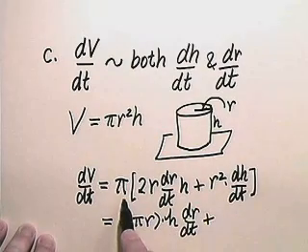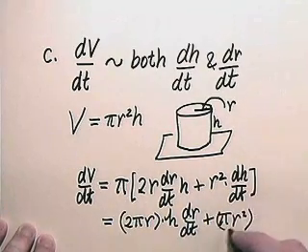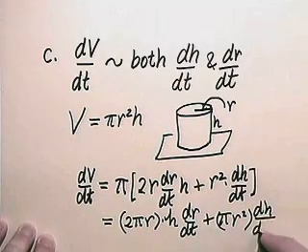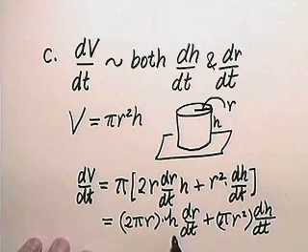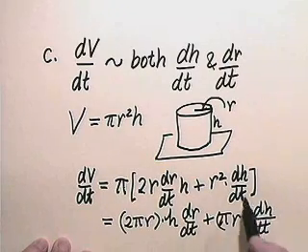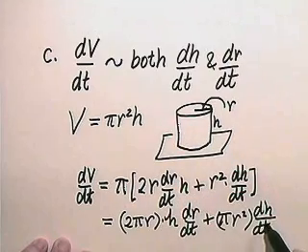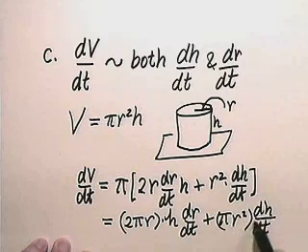And what's the second term? Pi r squared times dh/dt. Well, remember, when we looked at how the volume changed when we held r constant, we got the area of the top multiplied by the rate that the top moves up. That's dh/dt. That's this second term. And what's this first term?